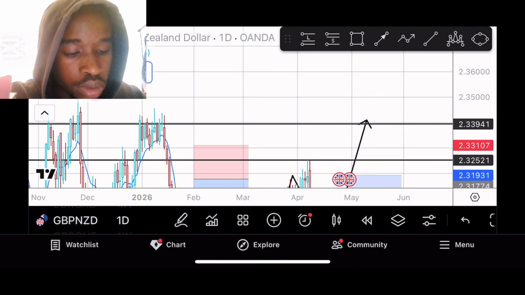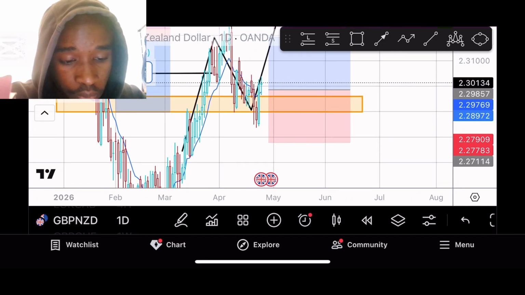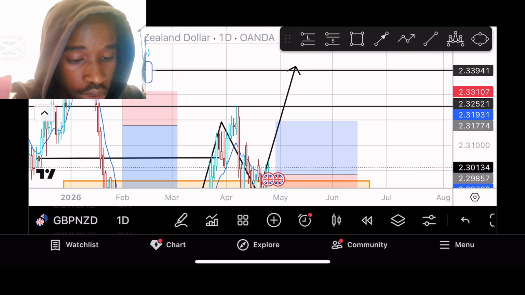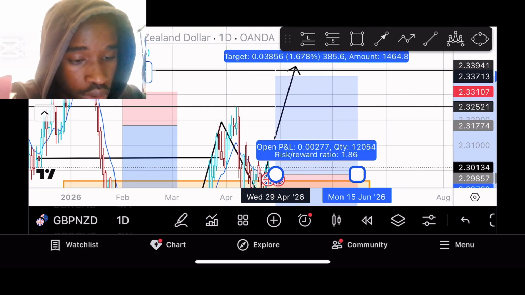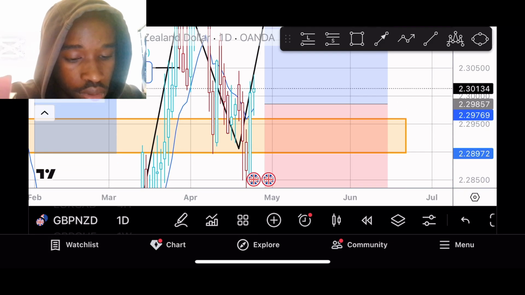Price can go upwards. So 2-to-1, price just above here, stop loss is in line, so we're going to increase this a little.